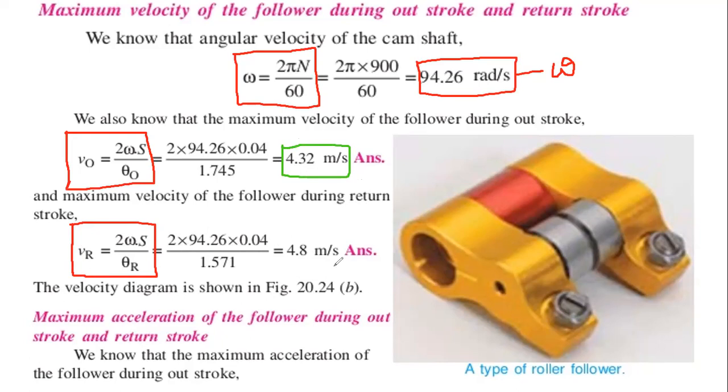By substituting, we got the value as 4.8 meters per second.